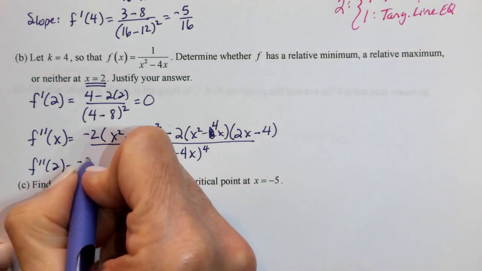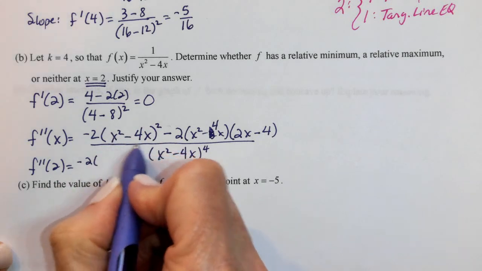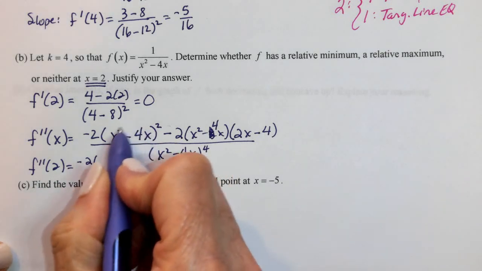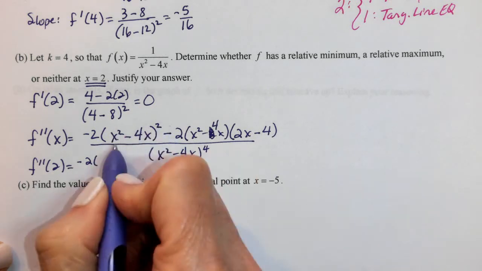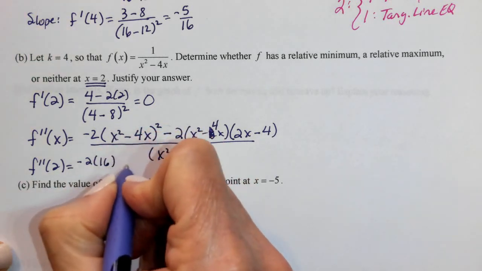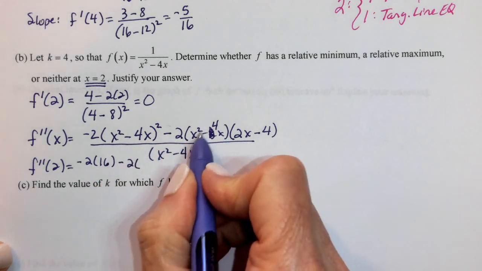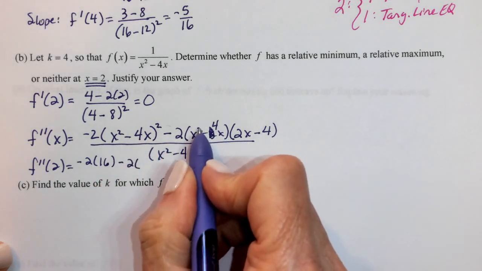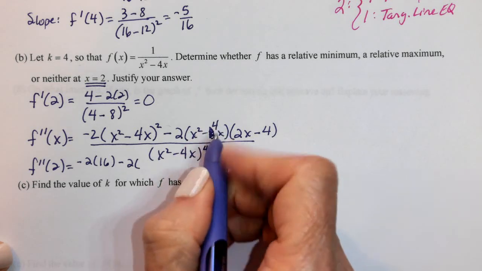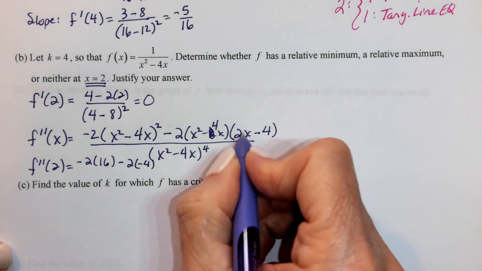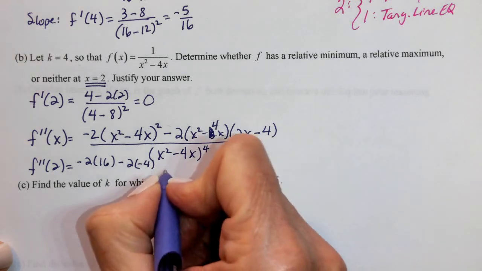So I have a negative 2 times, this is going to be a 4 minus 8. 4 minus 8 is negative 4, but we're squaring it, so that's 16. Minus 2 times, okay, this is the same thing. So 4 minus 8, negative 4. And this is 4 minus 4. Well, that piece is 0.